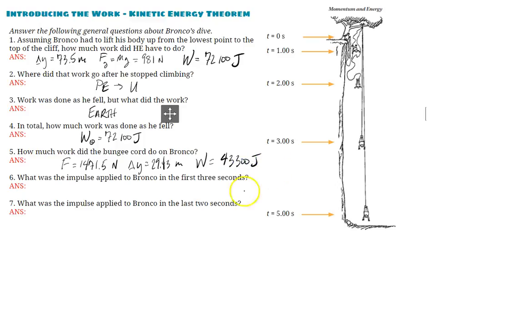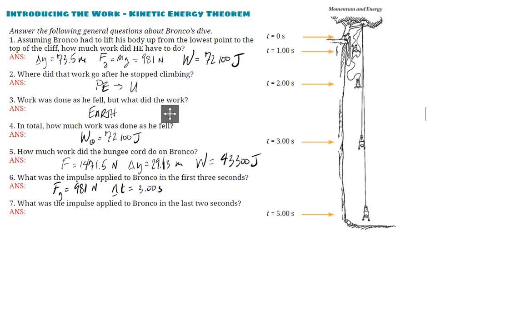So 43,300 joules right there. What was the impulse applied to Bronco in the first 3 seconds? The impulse is the force times the time. His force was the force of gravity, so that equals 981 newtons, multiplied by the amount of time that it took, which was 3 seconds.